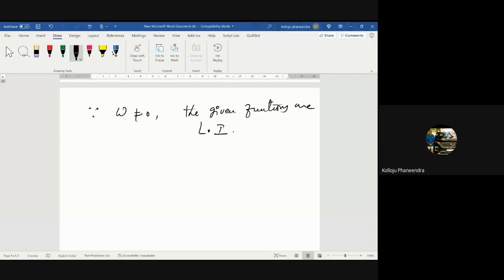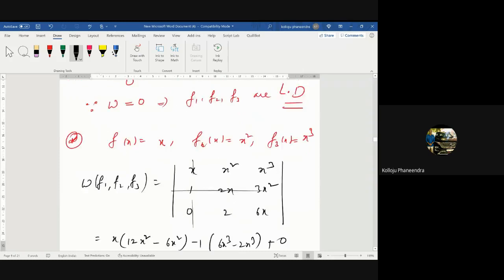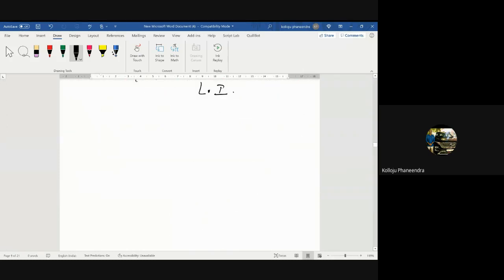Now, how to solve, the procedure? Let me tell you the working procedure to solve the nth order differential equation.